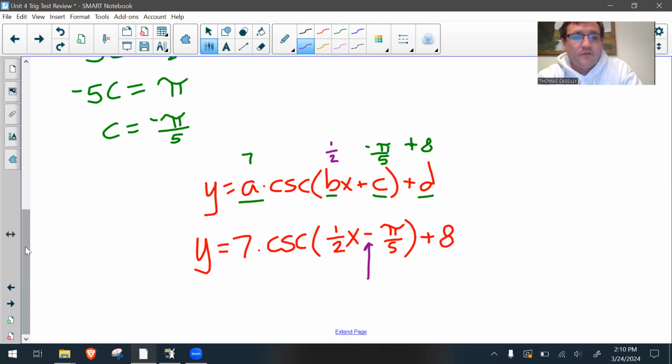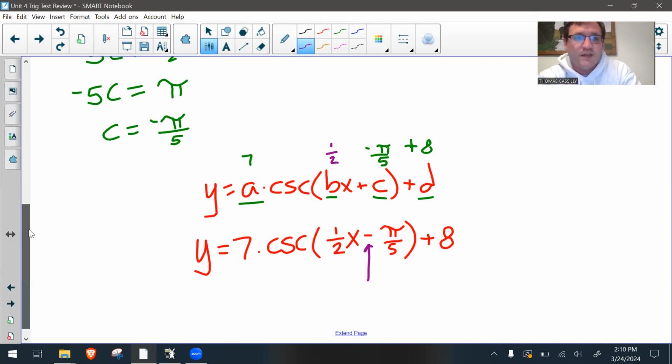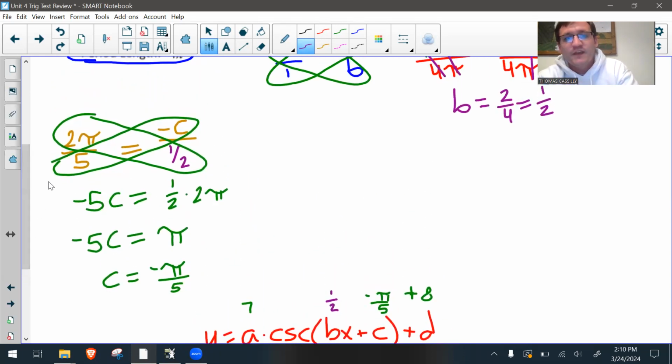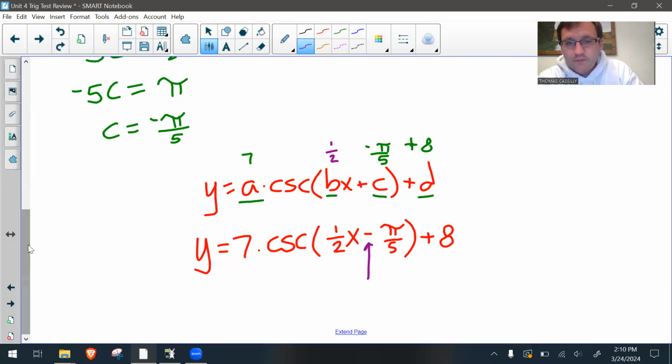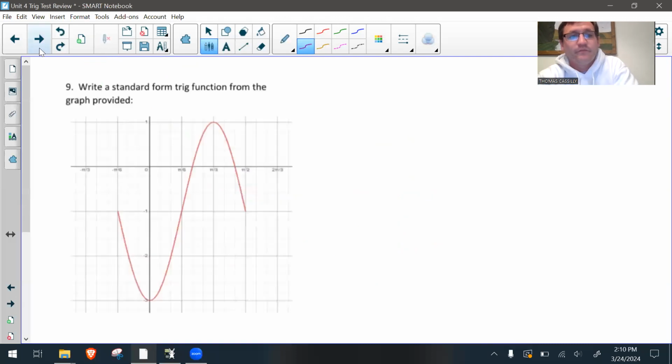That's just something to keep in mind. That's why our formula gave us that negative c over b value, because we have to account for the lying in the equation. But that is our final answer here. All right, the next one, the standard trig function.